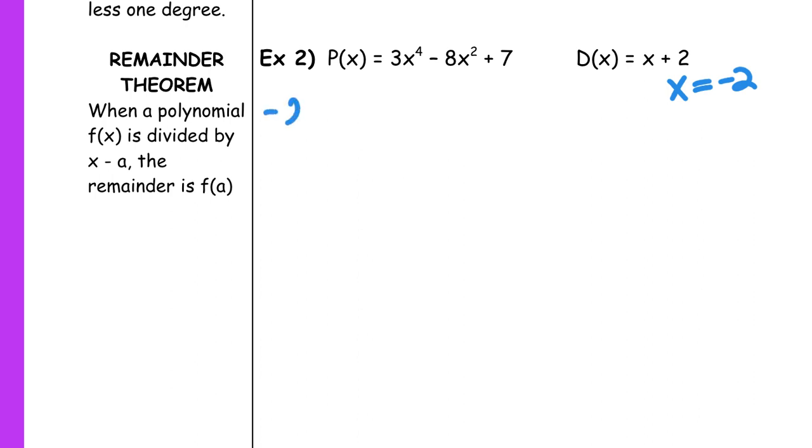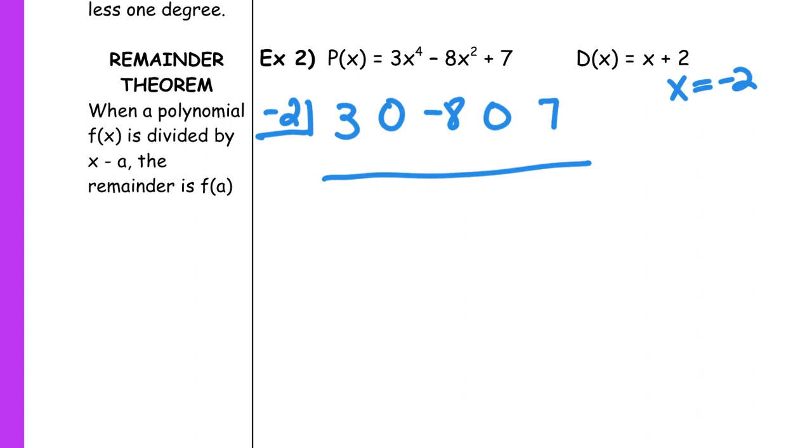So we're going to divide by -2. We've got a 3 for a degree of 4. For our degree of 3, we don't have one, so we're going to put a 0. For our degree of 2, we're going to have a -8. We don't have x to the first, so we're going to put a 0. And then we have a 7. So we have a degree of 4. We have 5 numbers. It looks like we're in good shape.